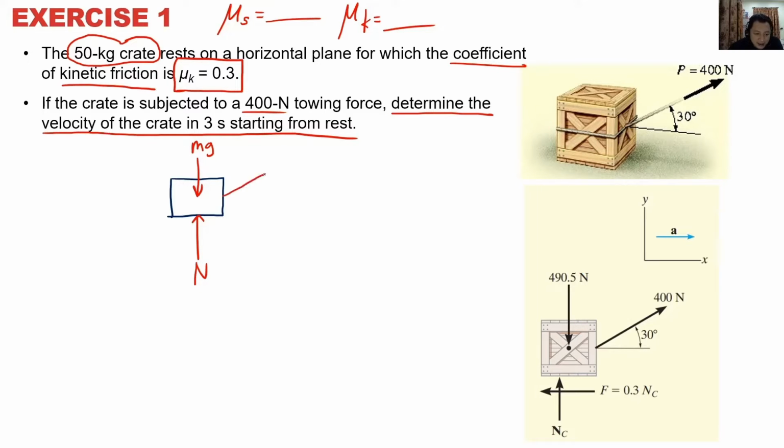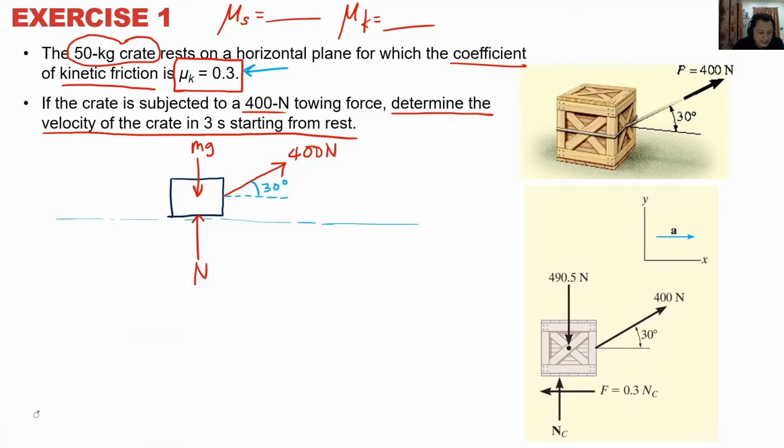It is being towed by 400 Newton, and the angle of the towing is 30 degrees. This object is on a flat surface, and this flat surface has a coefficient of kinetic friction of 0.3.